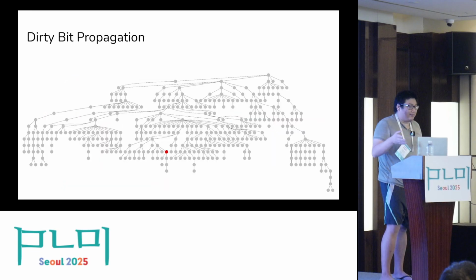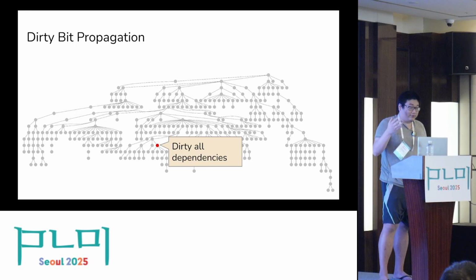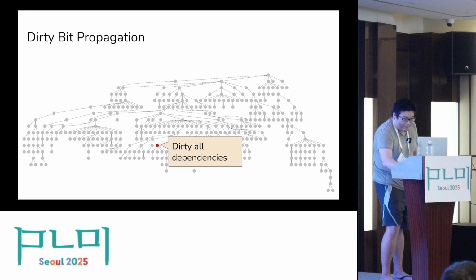So let's see how this algorithm works in more detail. Here, let's say we have a single dirty node, the red node. Then this algorithm has to go find that red node and fix it. But by recomputing the node, note that this fixing itself also counts as changing the tree. So now its dependency is dirtied, and we have this cat and mice game again.